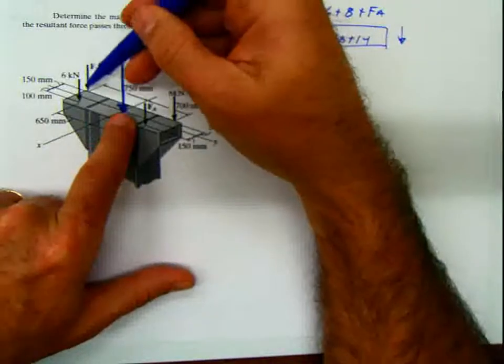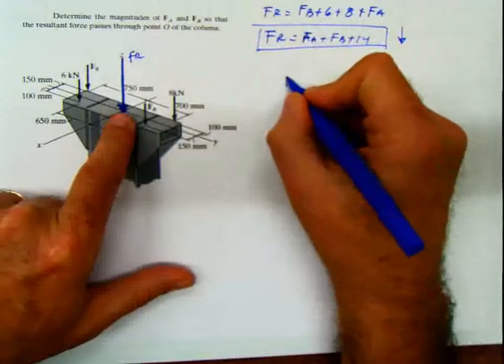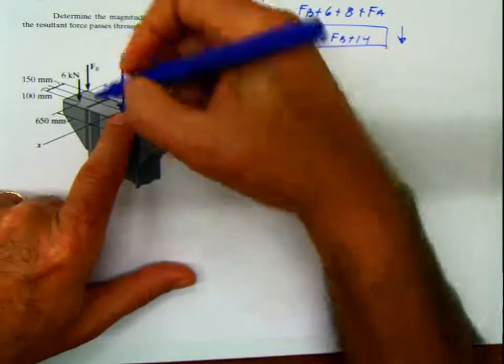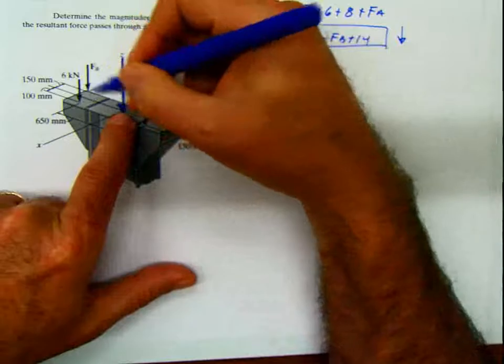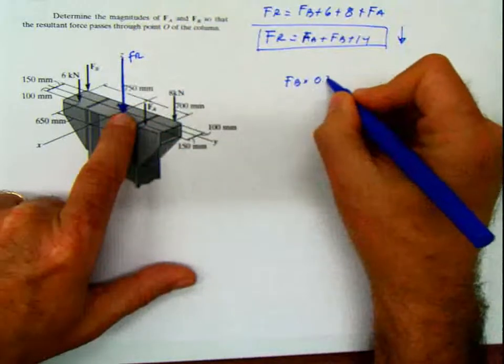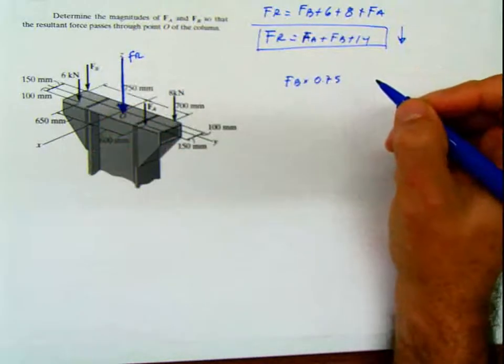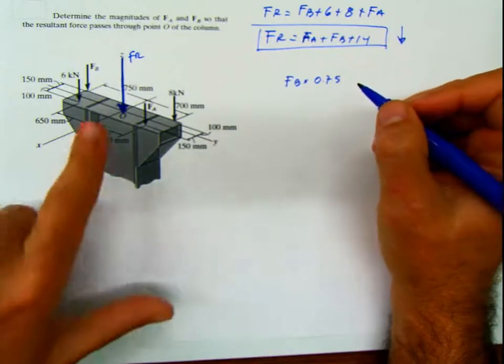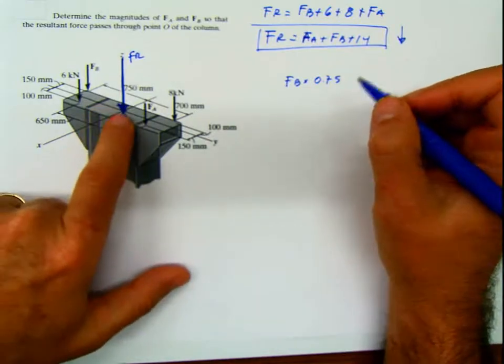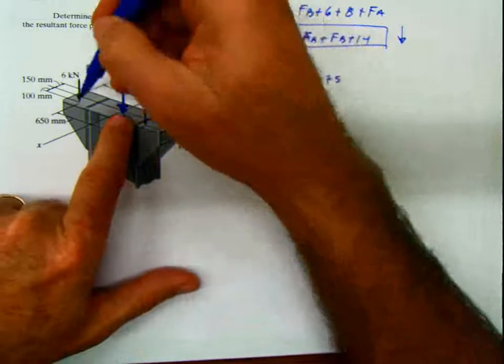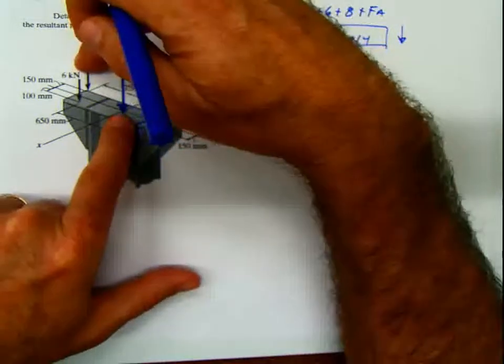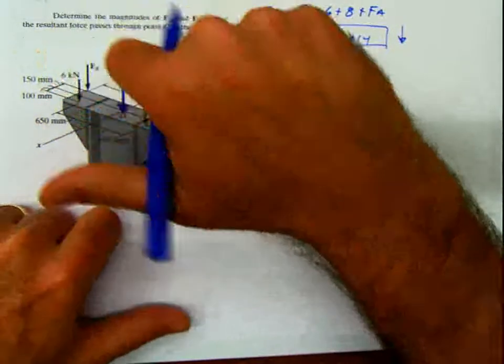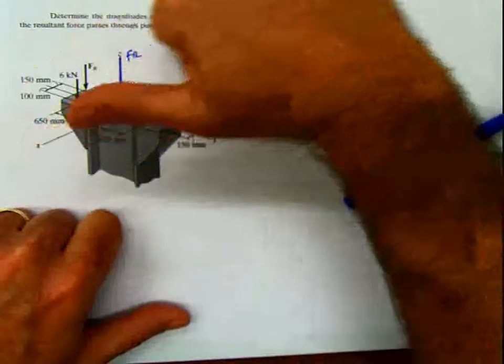For example, this force FB is separated a distance of 750, I'm going to say 0.75 meters, and if I apply the force in that location, it is going to produce a rotational movement of the body around the positive direction of the x-axis.